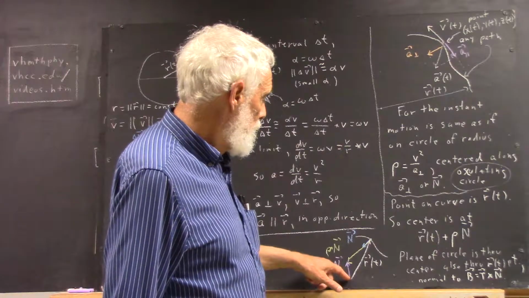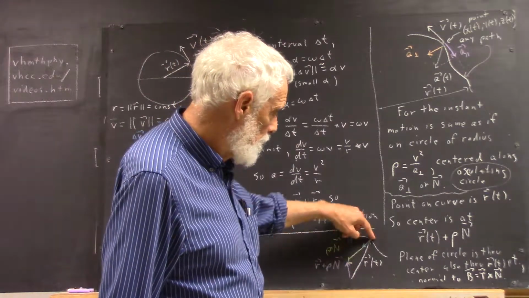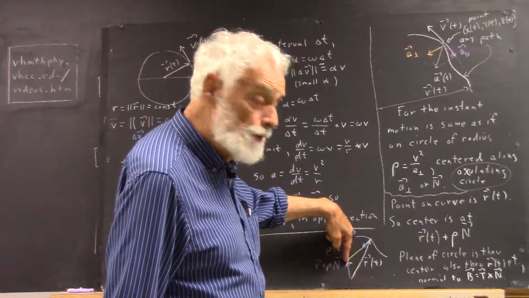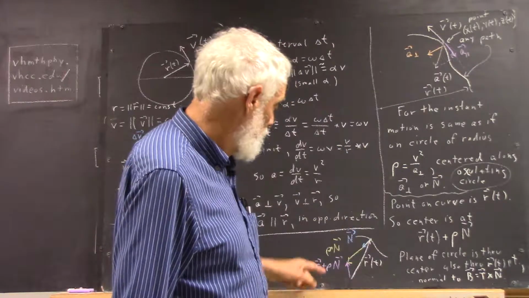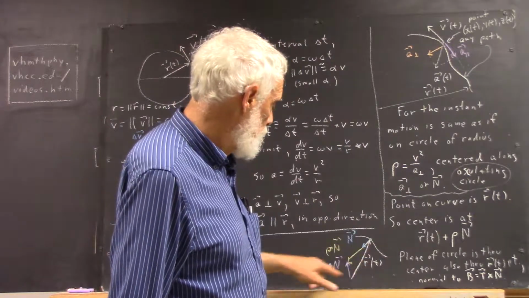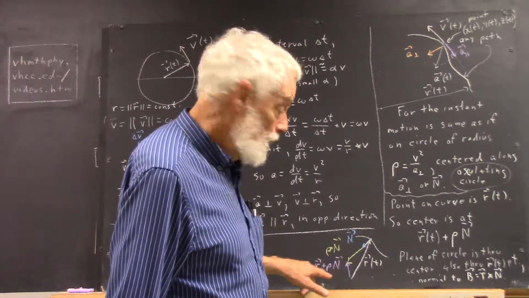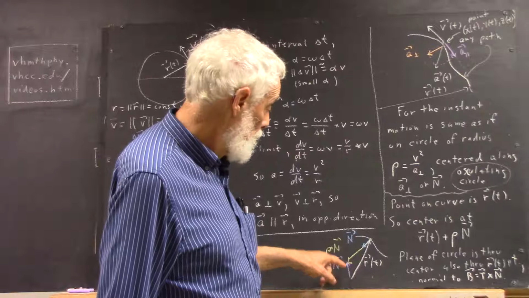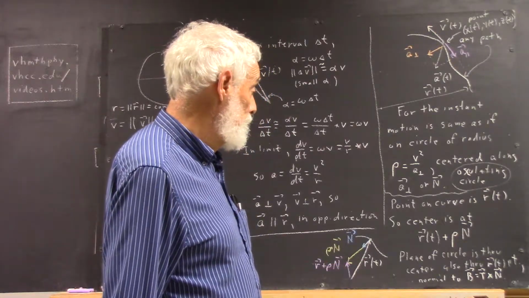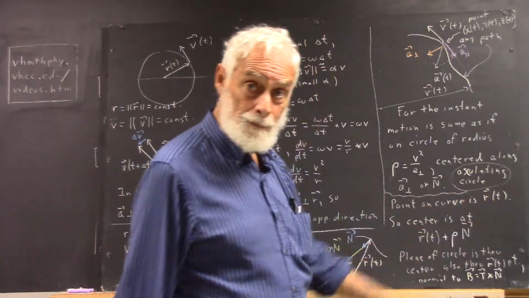So to get from the origin to here, you go from the origin to this point, and then follow the rho n vector to this point. That means that the vector from the origin to here is your r vector plus your rho n vector. You identify the r plus rho n vector with the point it ends at, and you have the center of the circle. So the center of the circle is at r of t plus rho n.